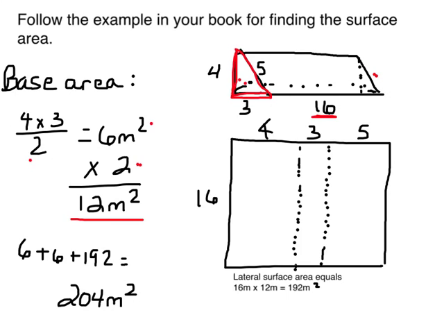Okay, but I need the lateral surface area for that, and then that, and then this. So just like in a circle, if I were able to cut this and lay it out flat, I would see that the surface area is going to be equal to 16 times 12, which is 192 meters squared.